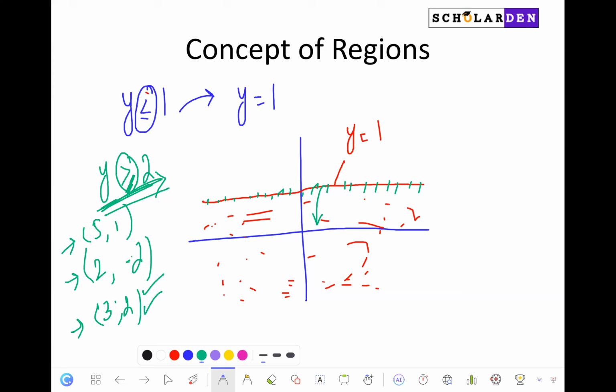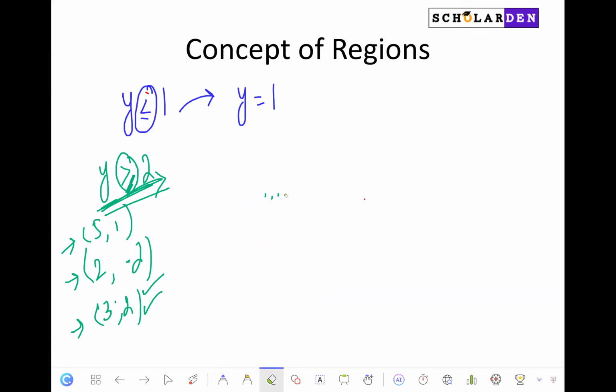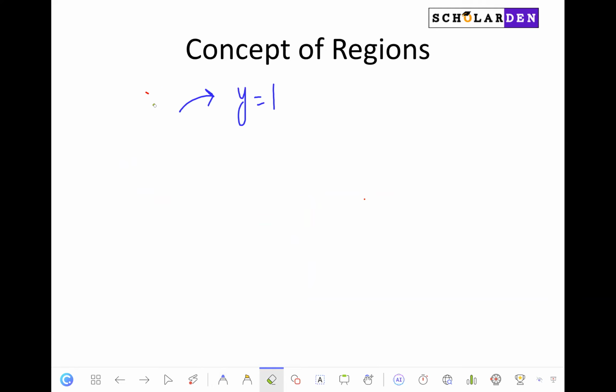This was just a quick example of how we can ascertain this without actually having to draw the region itself. I hope that this concept is clear. We're going to quickly look at some other examples as well, so that we can look at more complex cases of how regions are defined.